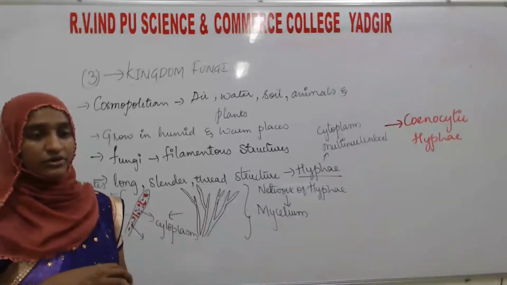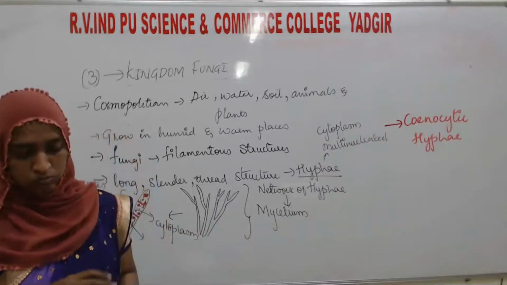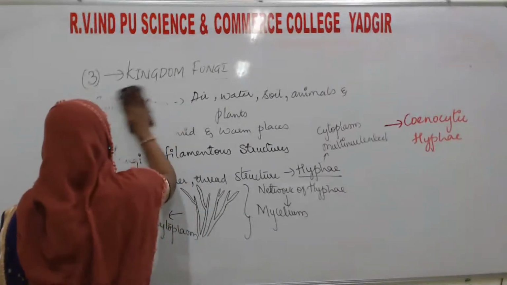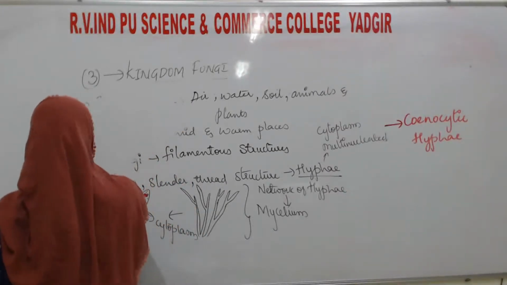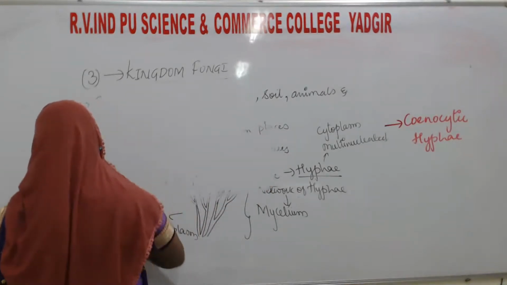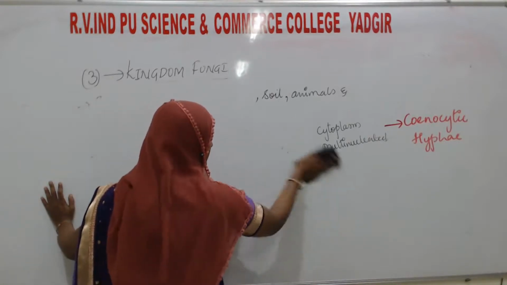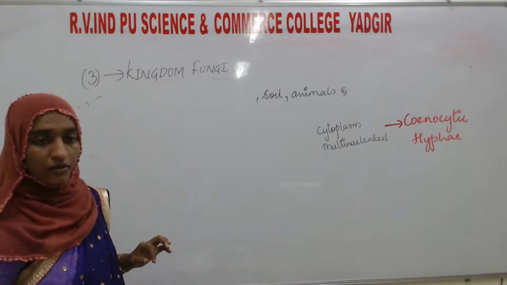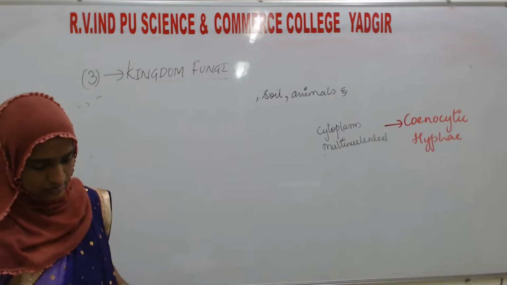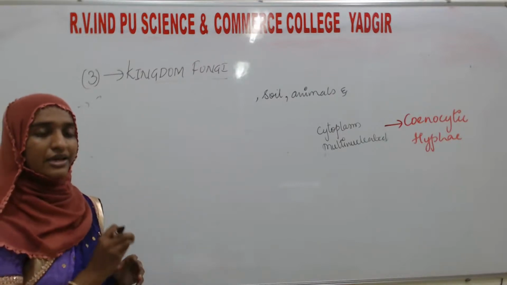The next we will talk about the cell wall of these fungi. Here, the cell wall of fungi is composed of a chemical component.